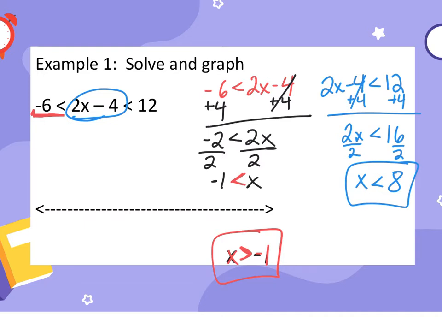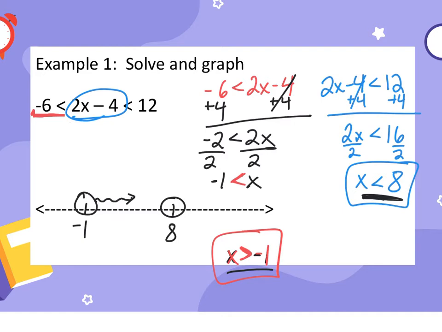So to put them in order, what comes first, -1 or 8? Hopefully you said -1. It is less. We then want to look at what kind of dots we have. So on -1, we've got an open dot. On 8, we also have an open dot. Okay. So x is greater than -1, which means for -1, we're going to start shading to the right.